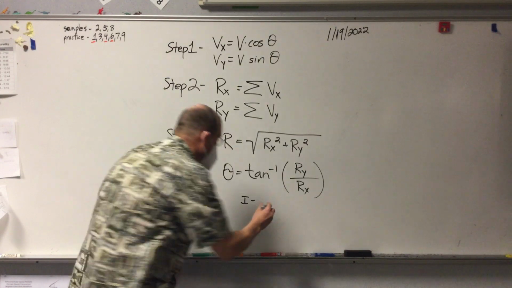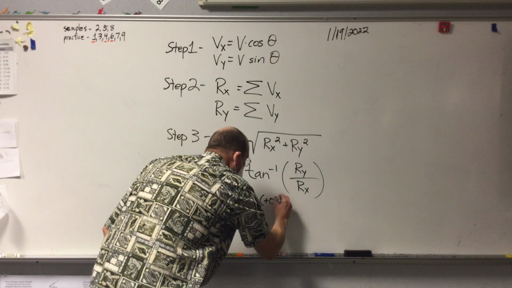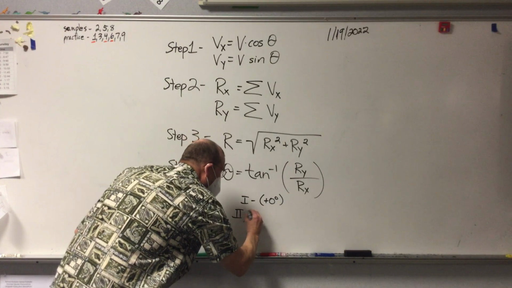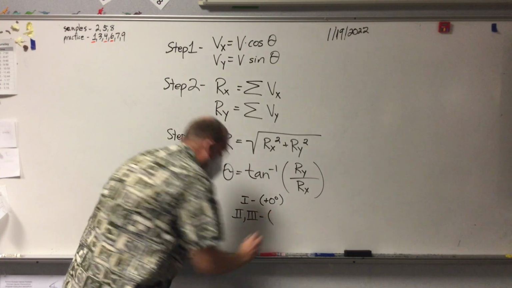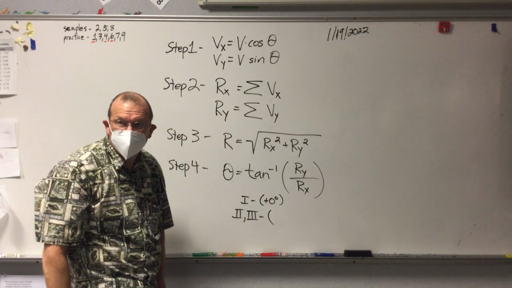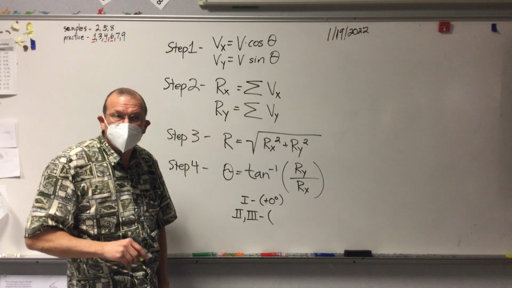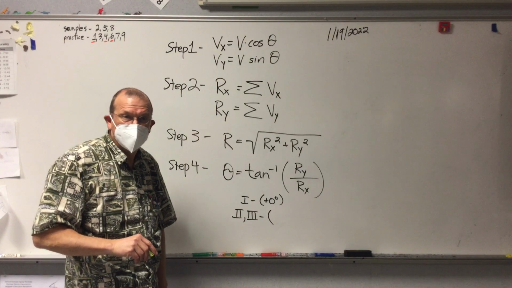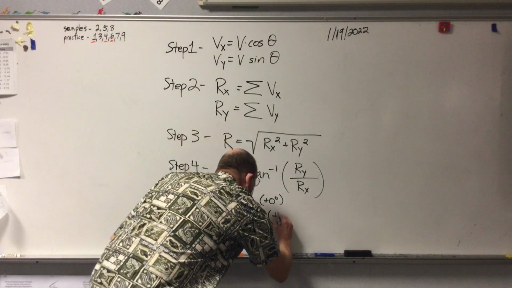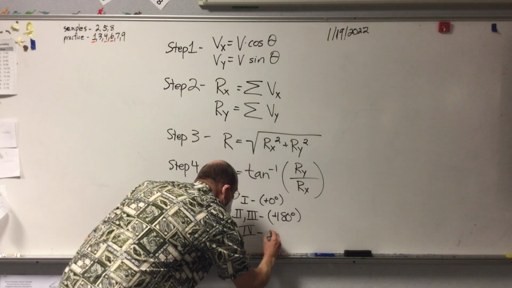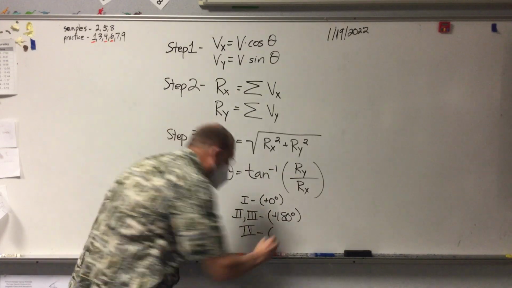Add 0. Basically nothing. And this is where we can consolidate a little bit, because if you're in the second or the third, even though they point in different quadrants, you do the same thing, which is what? Add 180. And then if you're fourth quadrant, add 360.